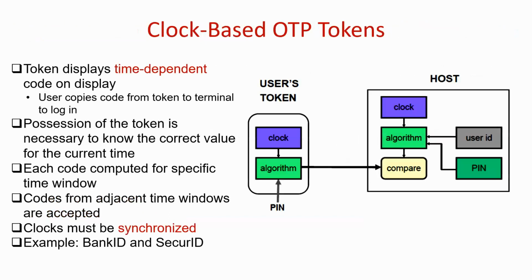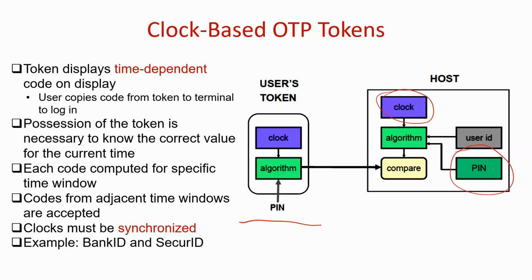In clock-based tokens, you have the application in your system. There is an algorithm that accepts the PIN number or whatever credentials, could be the minutia map of the fingerprint, for example, and also accepts the value of the clock, and uses these two inputs to generate the token, and then sends the token to the host. The host will have the same information, the PIN registered by the user, saved in the system, as well as the clock.